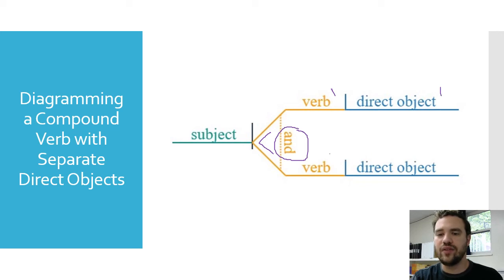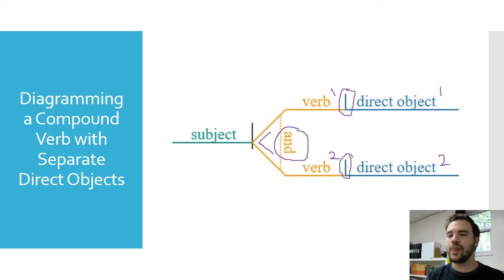And then you've got verb 2 down here, and it has a different direct object, so you're going to have direct object number 2. Now notice you've still got these vertical lines that stop. They don't cut through. But you will notice that verb 1 acts on the first direct object and verb 2 acts on the second direct object. Let's see that in a sentence.